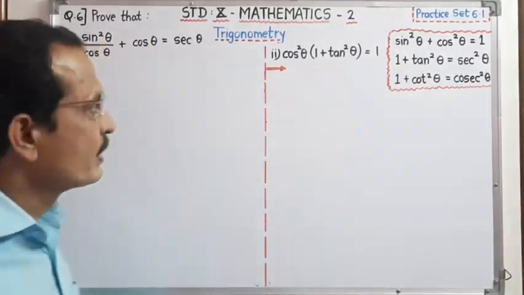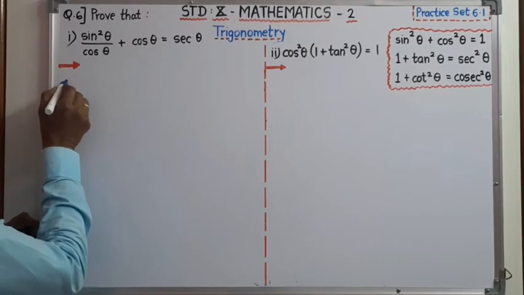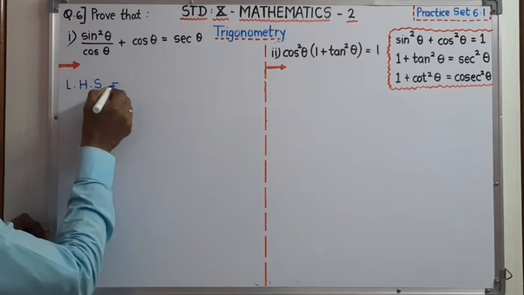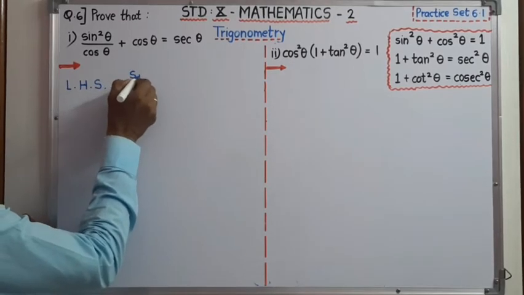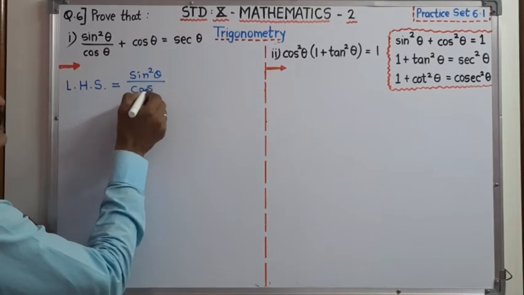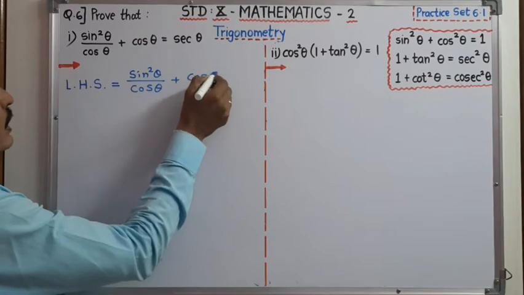First of all, we write the left hand side. LHS is equal to sin square theta upon cos theta plus cos theta.